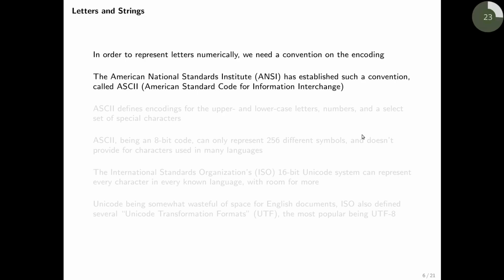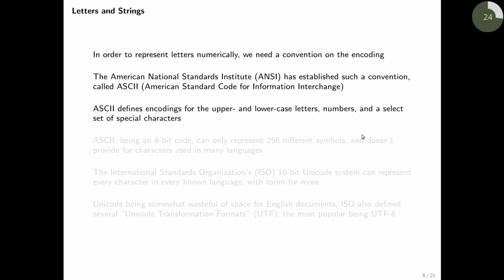And such a mapping was established by the American National Standards Institute, or ANSI for short, and this mapping was called ASCII, which stands for American Standard Code for Information Interchange. This convention is basically a table that maps a symbol to a number.